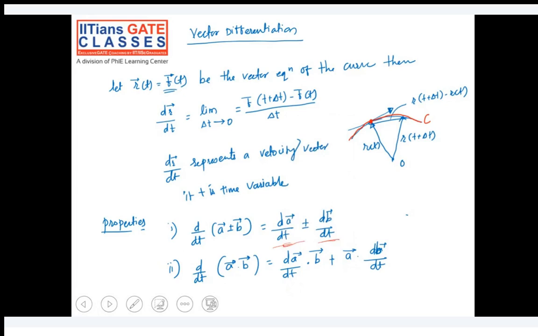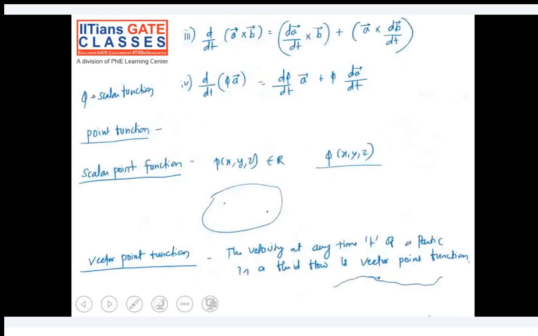This was for the dot product, and this one is for the cross product, same approach: differentiation of a bar cross b bar, plus a bar cross differentiation of b bar.